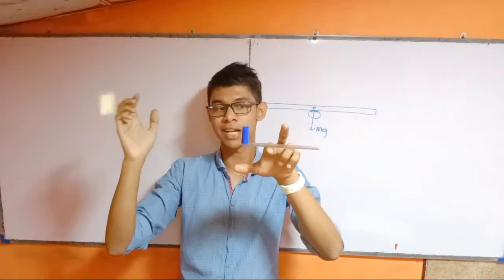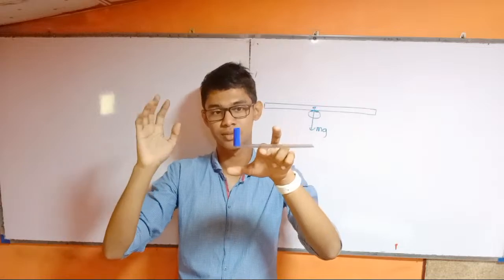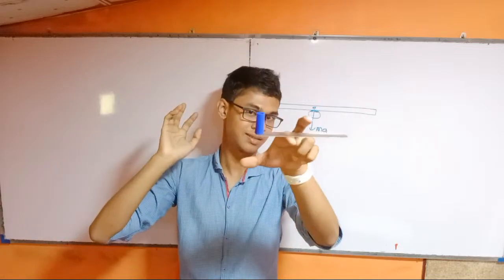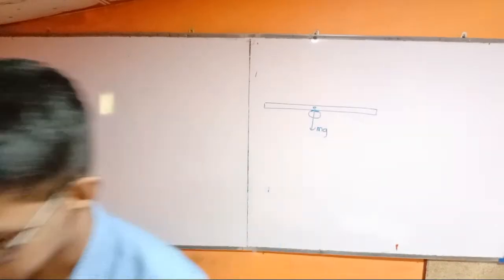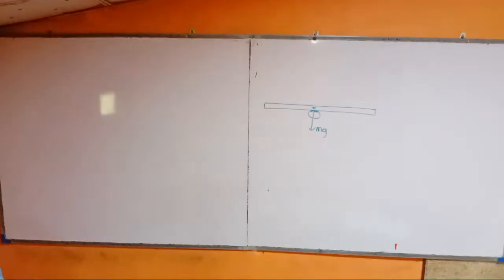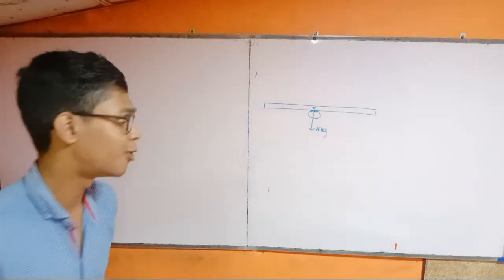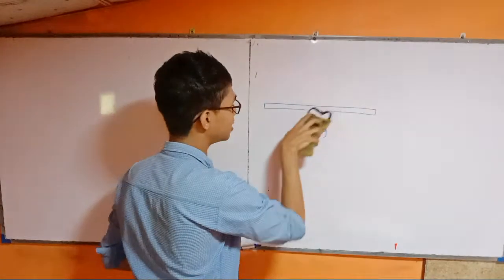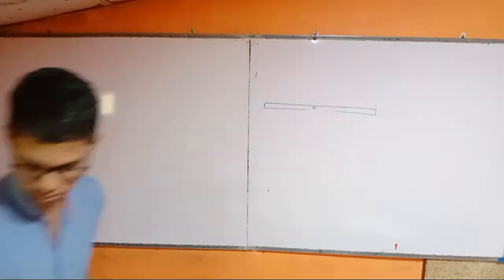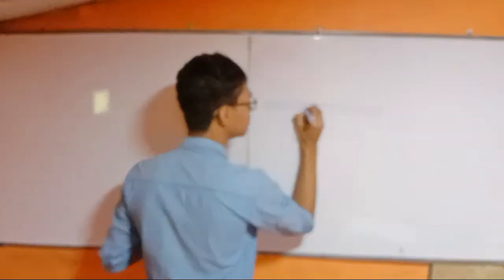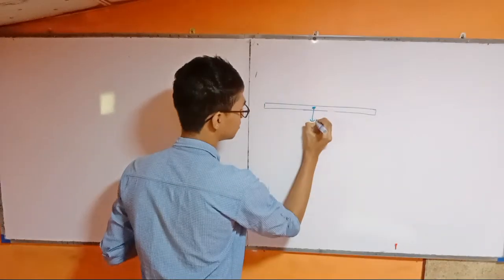Now it's balanced, right? What happened? The object is there. Now my finger is not here anymore. mg is here.